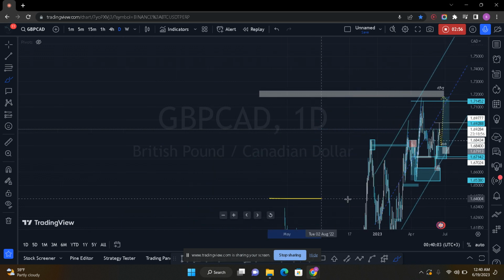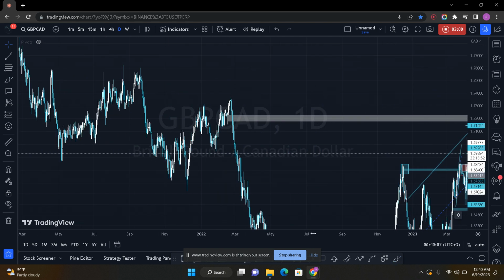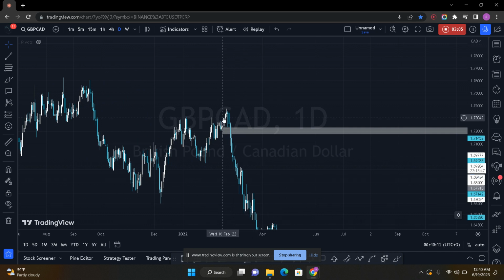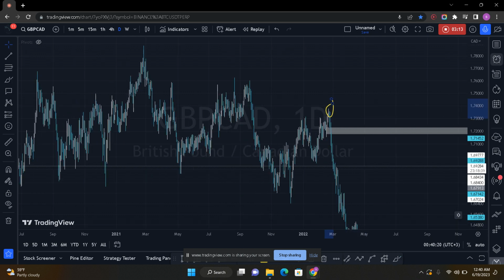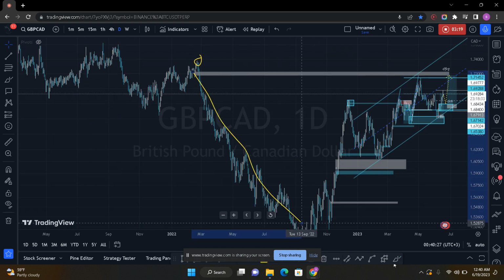This gray zone is an area of value for me because it's an inefficiency gap that comes right below this order block. As you can see, right here we have a daily order block, which was the origin of this well-sustained move to the downside.